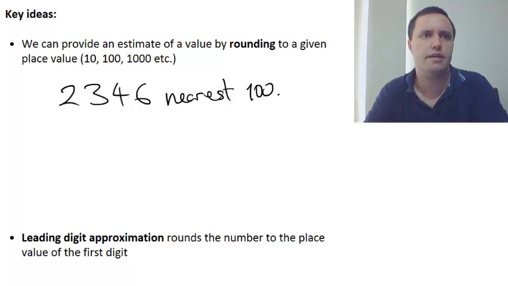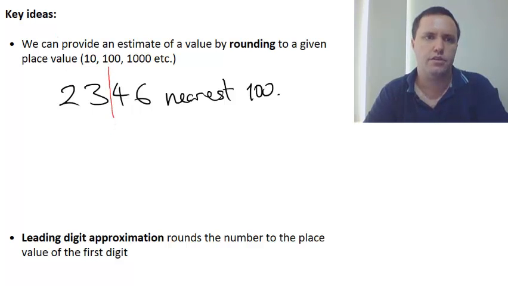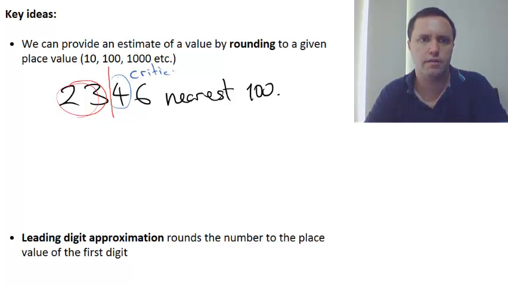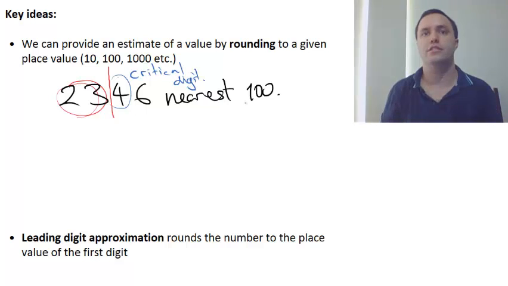So what that means is that we get a line where the 100 is, that's where we're breaking the number. These numbers aren't going to change, these ones here. Now we turn our attention to here. This is our critical digit, because that's the one that depends upon what happens to the rest of this number.